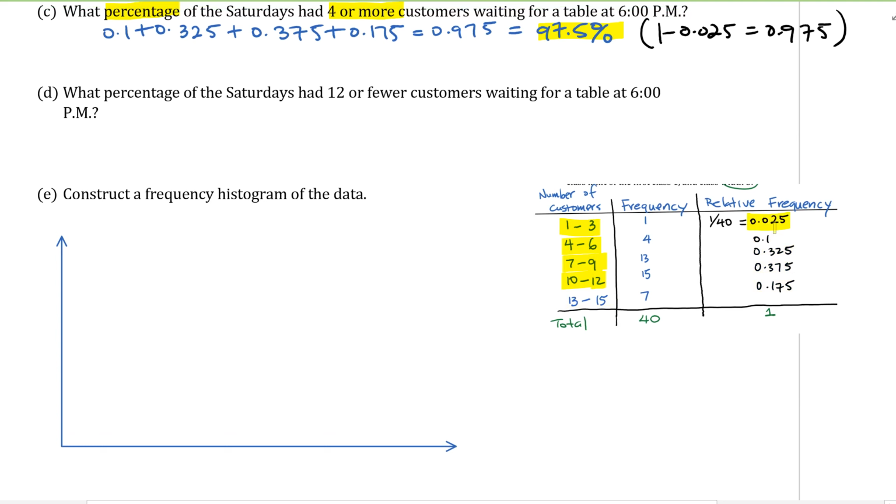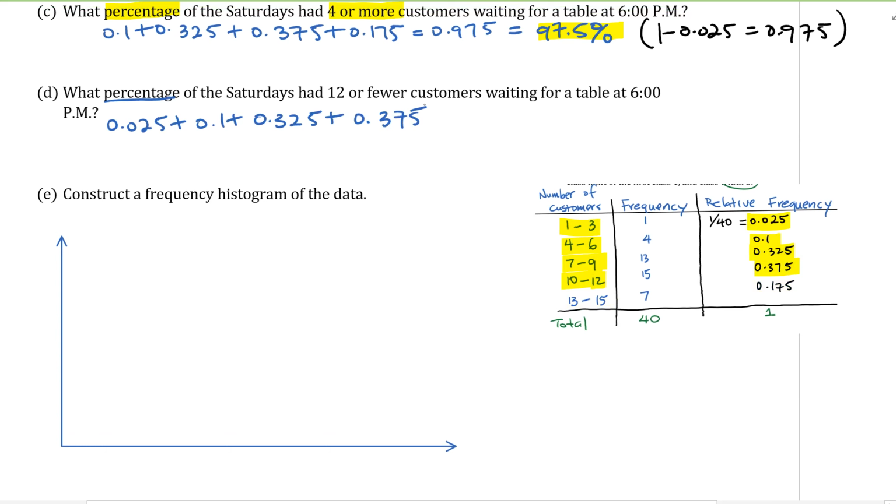So meaning I'm going to add 0.025, 0.1, 0.325, 0.375 together to get the answer. Okay, so let me add them. Again, a keyword here is percentage, that's why I'm using relative frequency. So I'm going to add 0.025 plus 0.1 plus 0.325 plus 0.375.